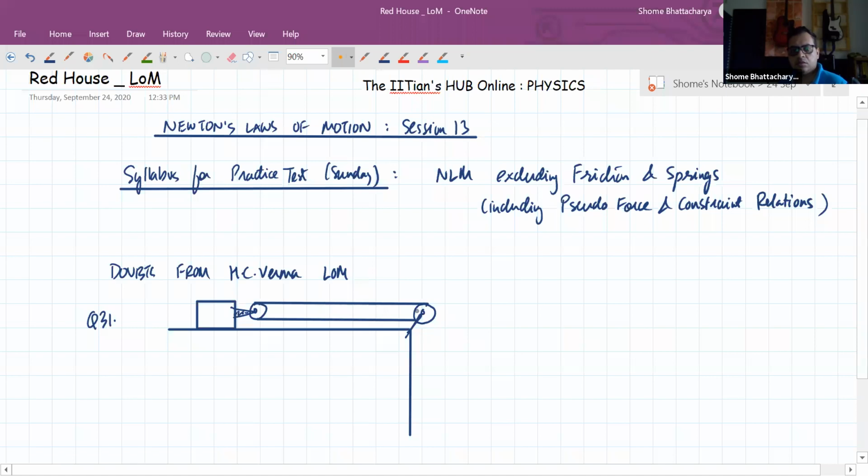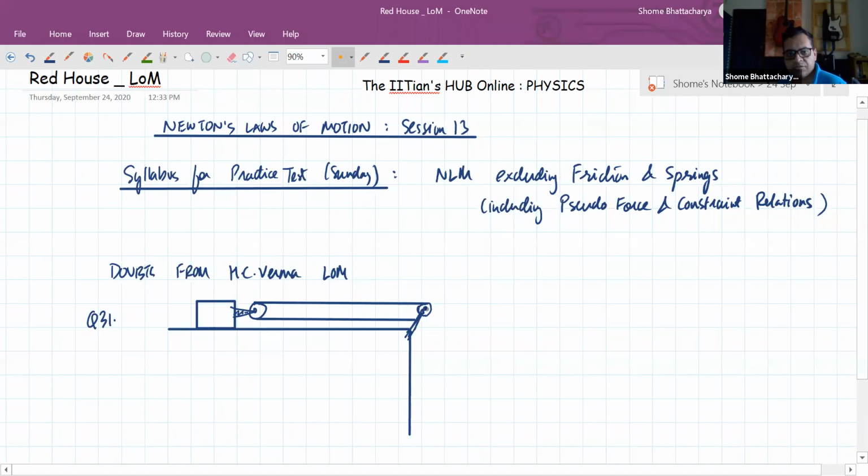So this end, you have to understand that the thread is actually attached like this. It's attached to this axle.